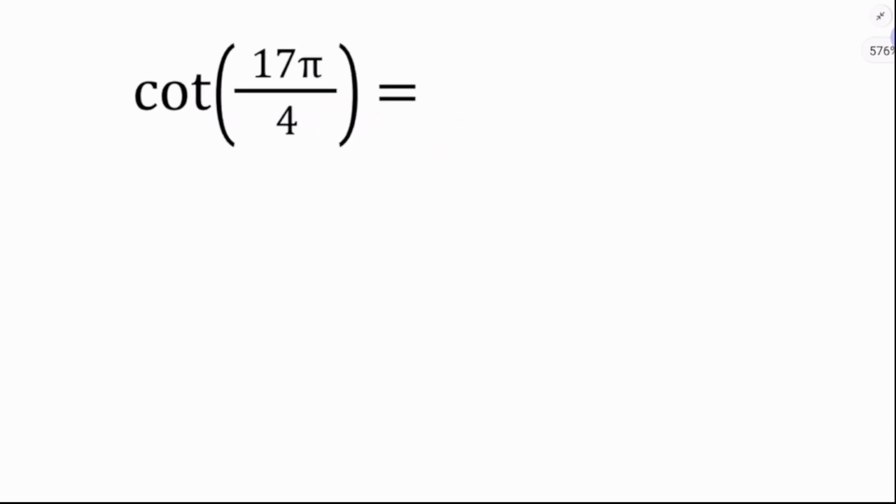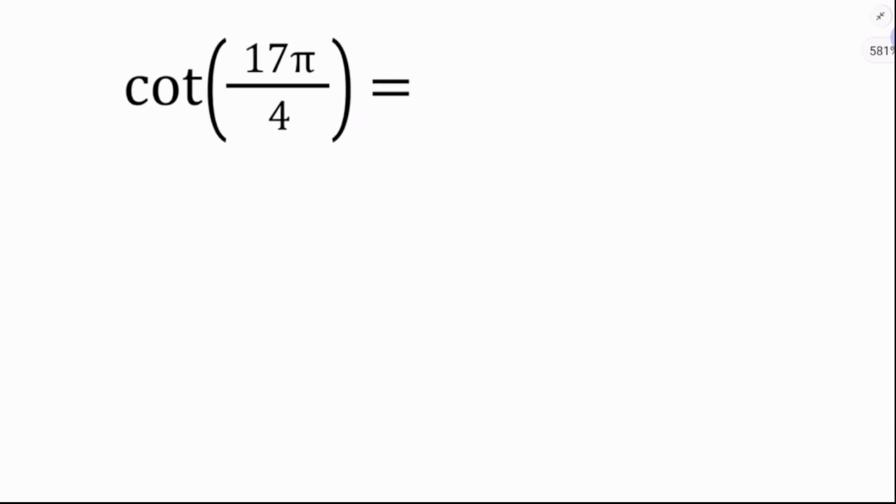Next, 17 pi over 4. Oh, man. So, I think what I'm going to do is 2 pi is 8 pi over 4. 4 pi is 16 pi over 4. Yeah, okay, so this is 4 pi and then a little bit more. But maybe you didn't realize that. Maybe you're saying, all right, it's 8 pi over 4 plus something.